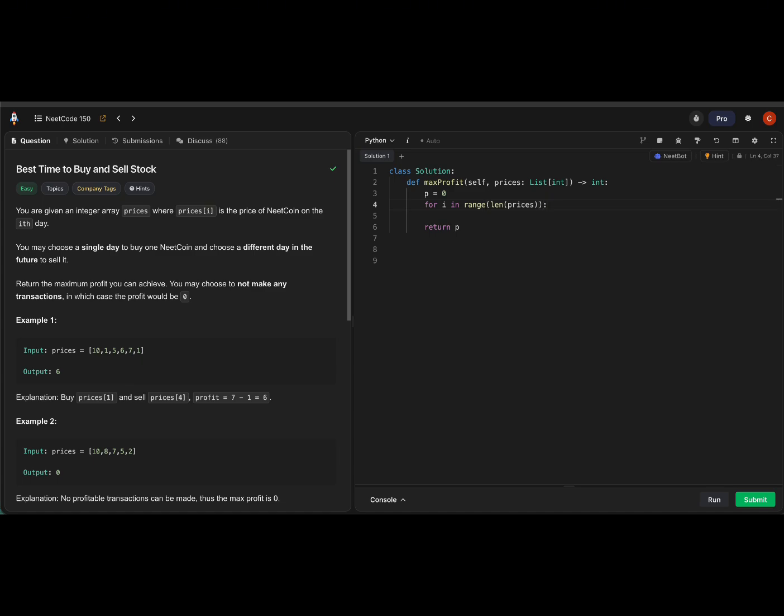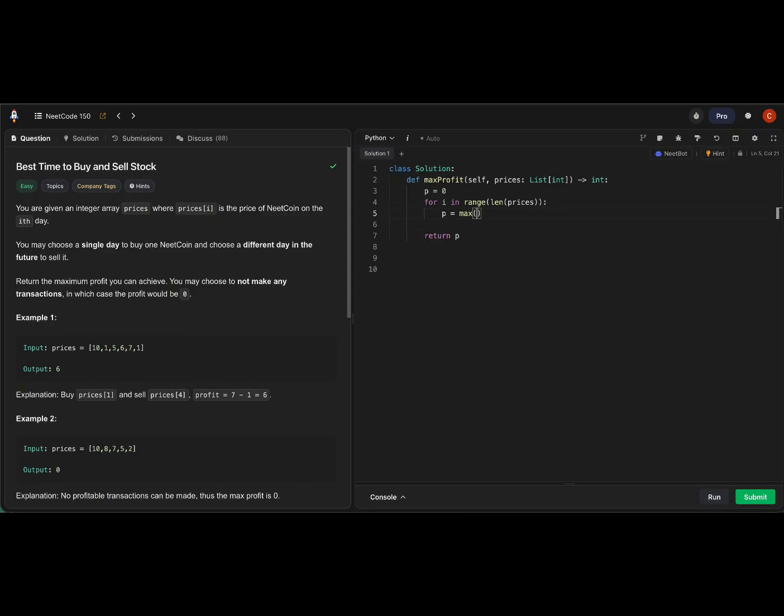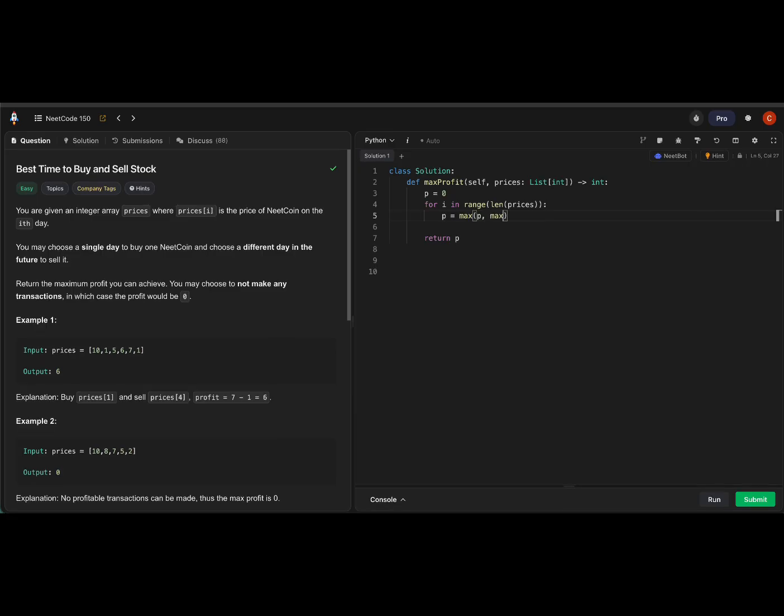We need every single index. And then our profit is going to equal, we want the maximum number, right? So from either P, if it's 0, or we want to try the biggest number from the beginning of the array. Wait, no, prices.